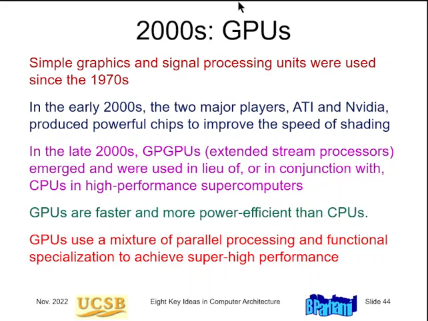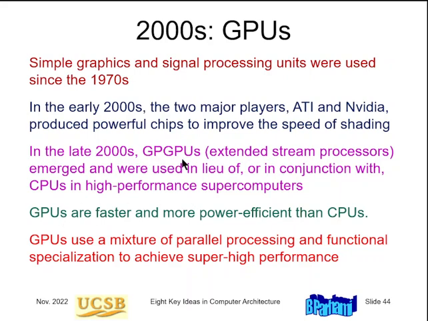So we needed a lot of graphic processing capability. But in the early 2000s, the two major players, ATI and NVIDIA, produced powerful chips to improve the speed of shading. And these GPUs eventually turned into what we call general purpose GPUs.